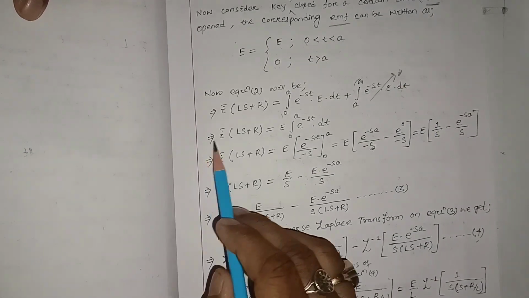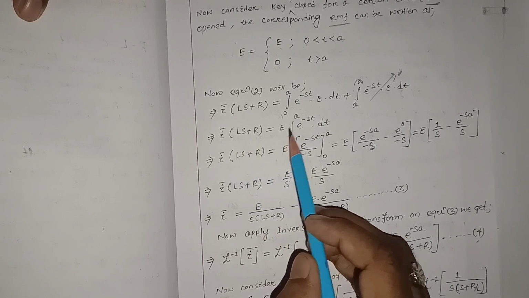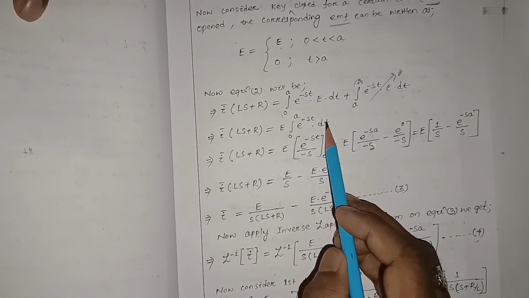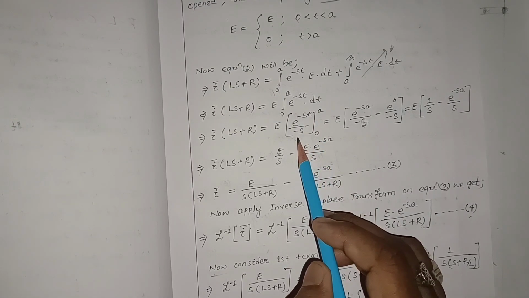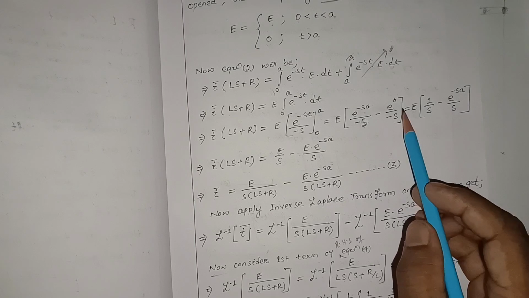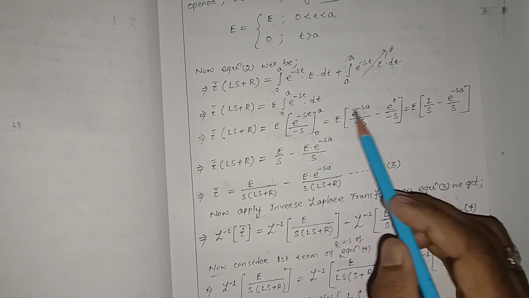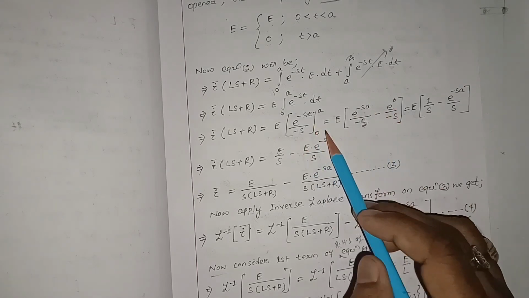So that implies I bar into Ls plus R equals E taken outside, being constant, integral from 0 to a of e to the minus st dt. The integration of e to the minus st is e to the minus st by minus s, from 0 to a, just substituting the limiting values. Here it will be e to the minus sa by minus s minus e to the power 0 by minus s.